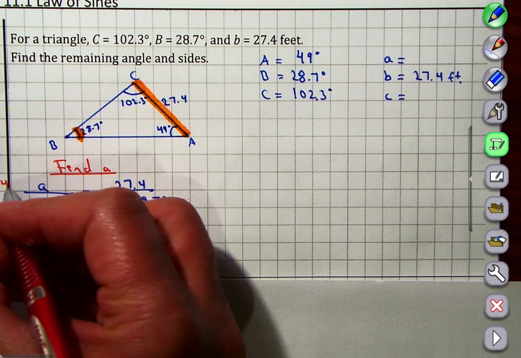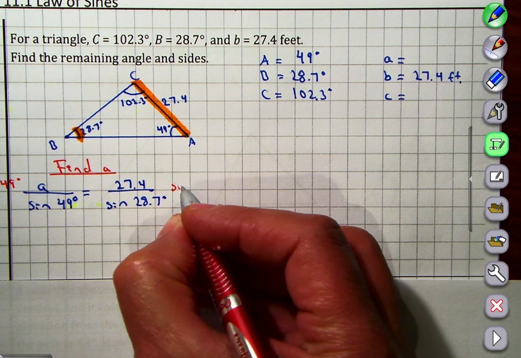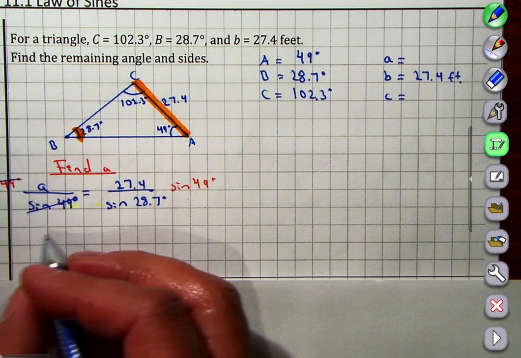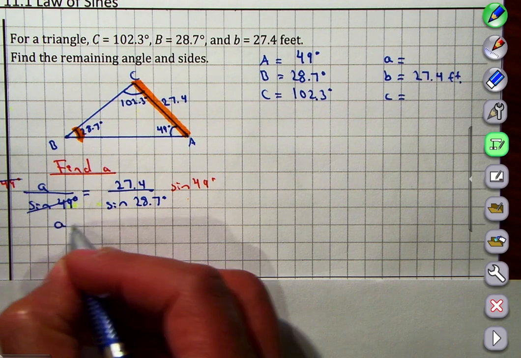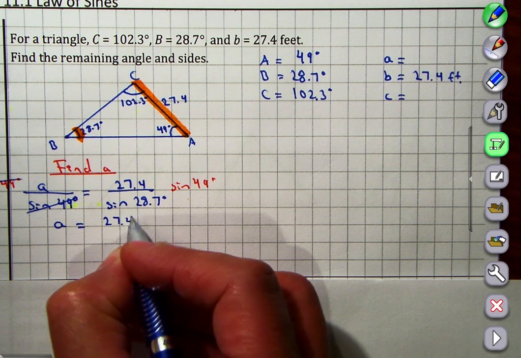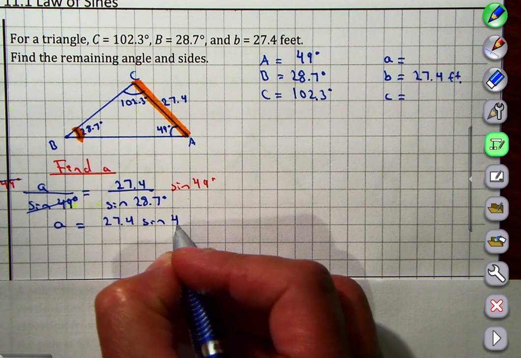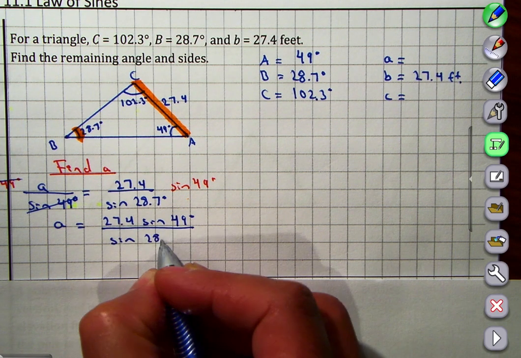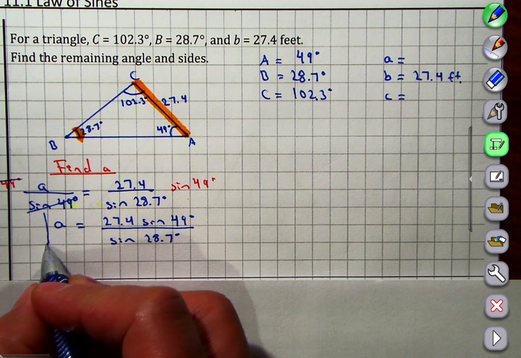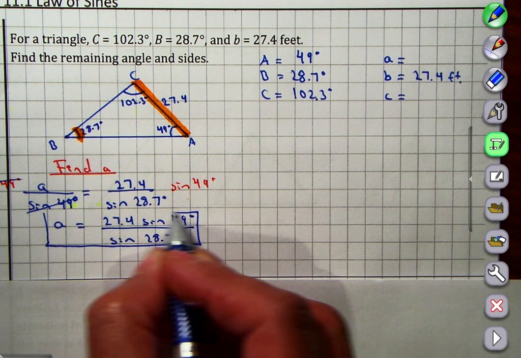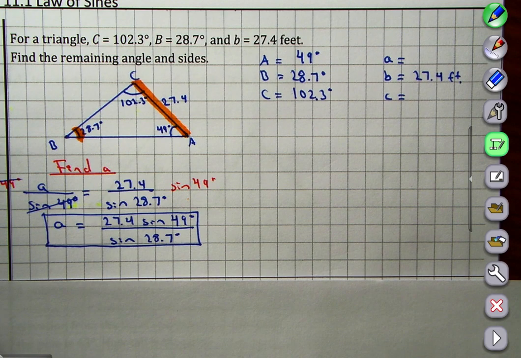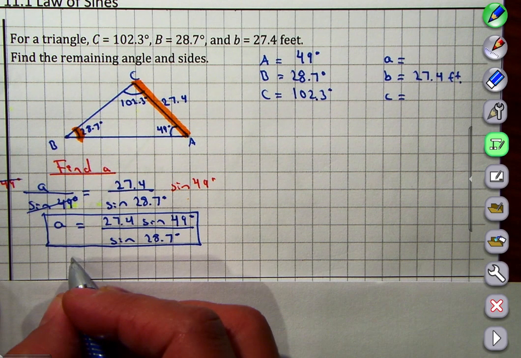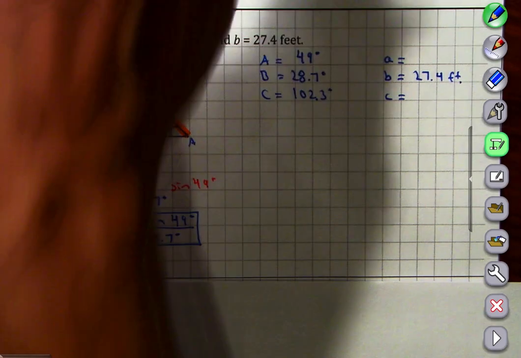And some of you guys just do it in one step. We know that cancels, so a equals 27.4 times the sine of 49 degrees over the sine of 28.7 degrees. Now, if they want an exact answer, this will be your answer. For purposes today, we do need an approximation. So therefore, a is approximately, and I'm going to use my calculator.